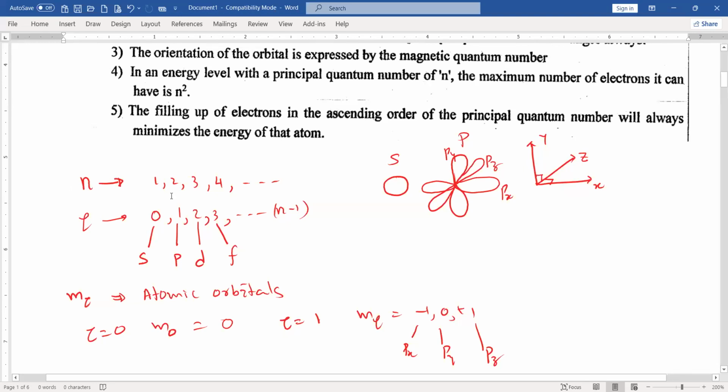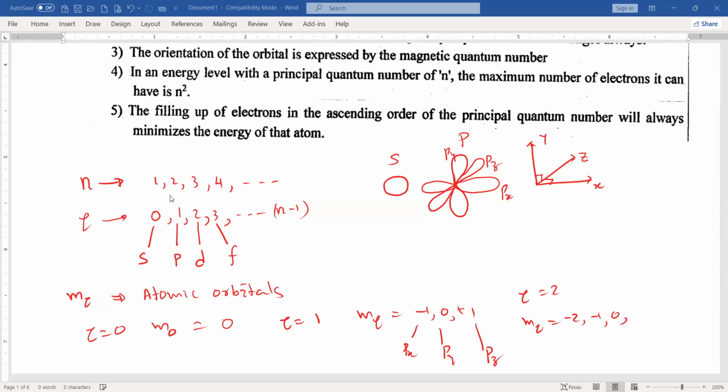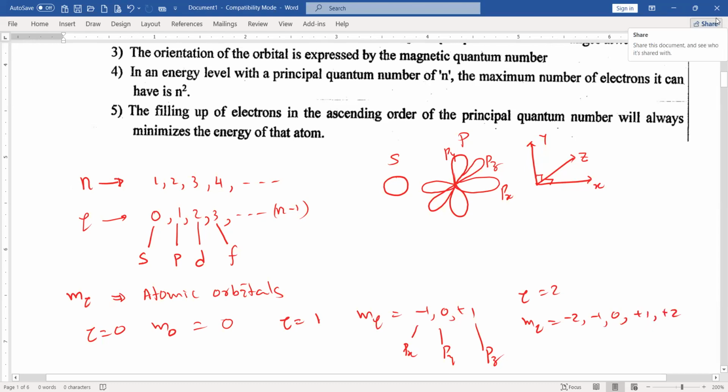For L equals 2, we have ML values -2, -1, 0, +1, and +2. That means for d orbitals, we know that this represents the d orbitals.